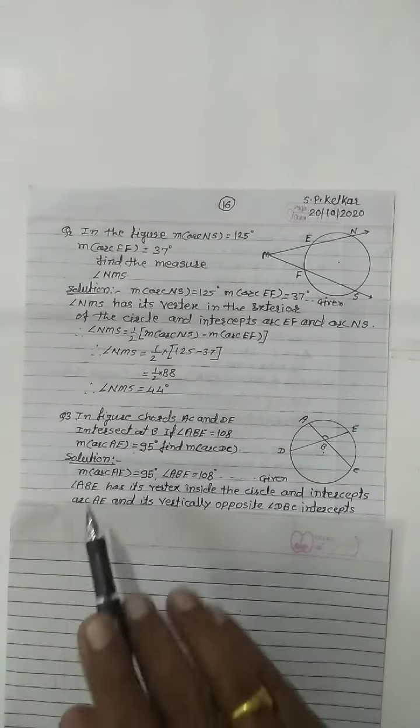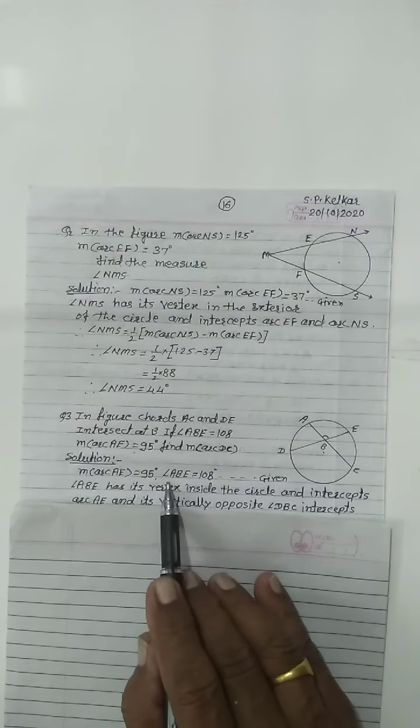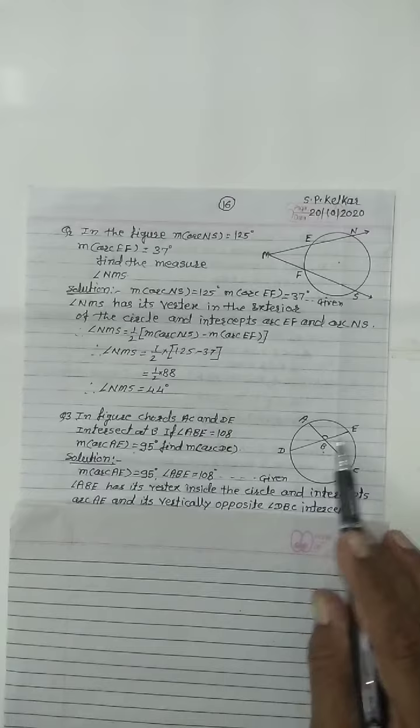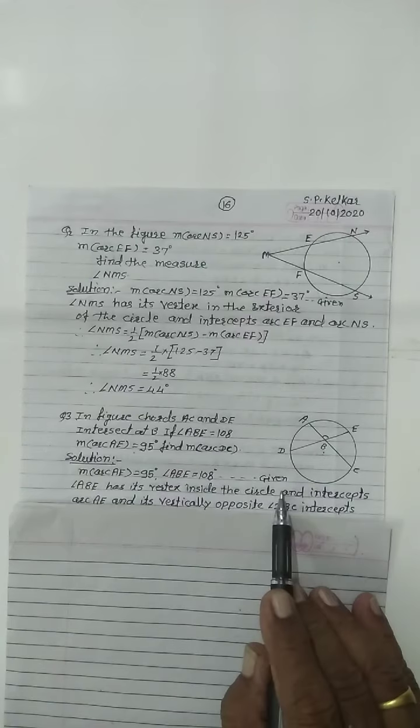Solution. Now the given is measure of arc AE equal to 95 degrees, measure of angle ABE equal to 108, that is the given.